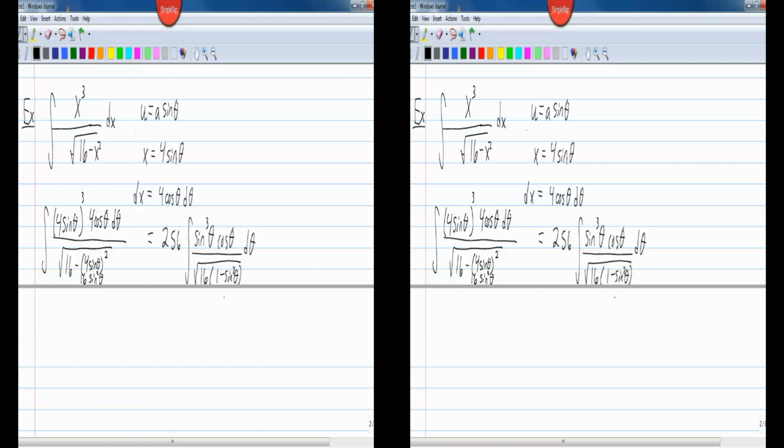Okay? And 1 minus sine squared theta is cosine squared theta. So when you take the square root of 16 cosine squared, that's going to be equal to what in the denominator? 4 cosine theta.